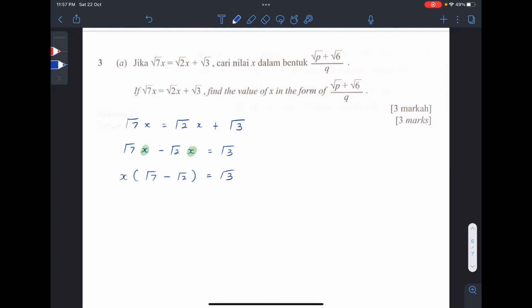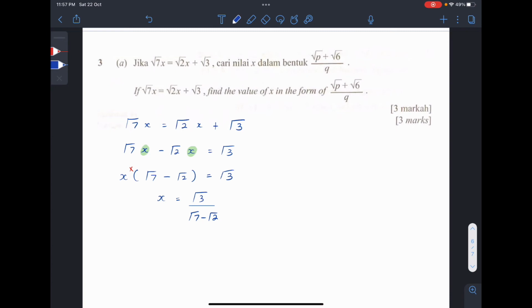I'm going to push the root 7 minus root 2 to the right side, so that instantly becomes a divide. Why? Well, it's because of the brackets, guys, which you should know by now. x bracket means times, so x times whatever is on the inside. So times moved to the other side becomes a divide. So x equals root 3 over root 7 minus root 2.